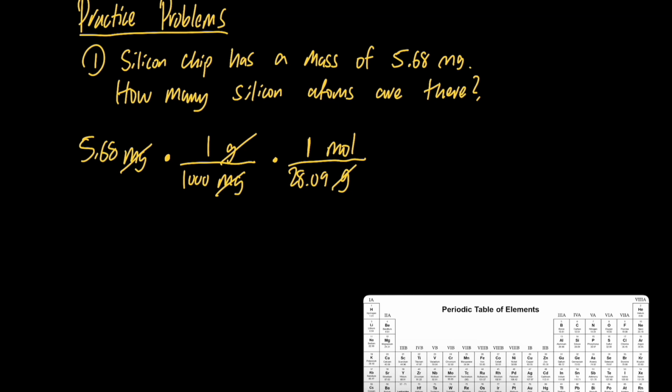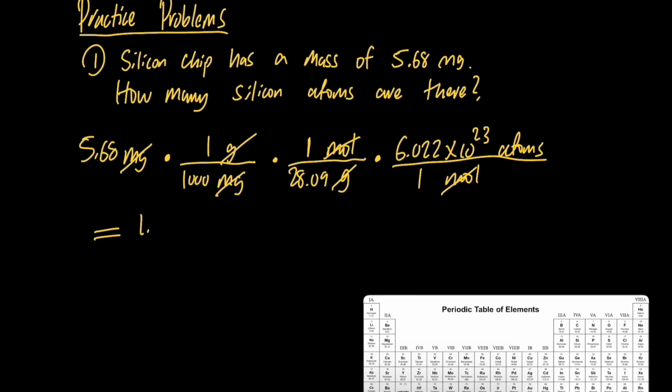And so now we have moles of silicon atoms. So now to convert to the number of atoms, we can just multiply by Avogadro's number, which is 6.022 times 10 to the 23 atoms in 1 mole. And so if you do the calculations yourself, you should get around 1.22 times 10 to the 20th atoms of silicon.